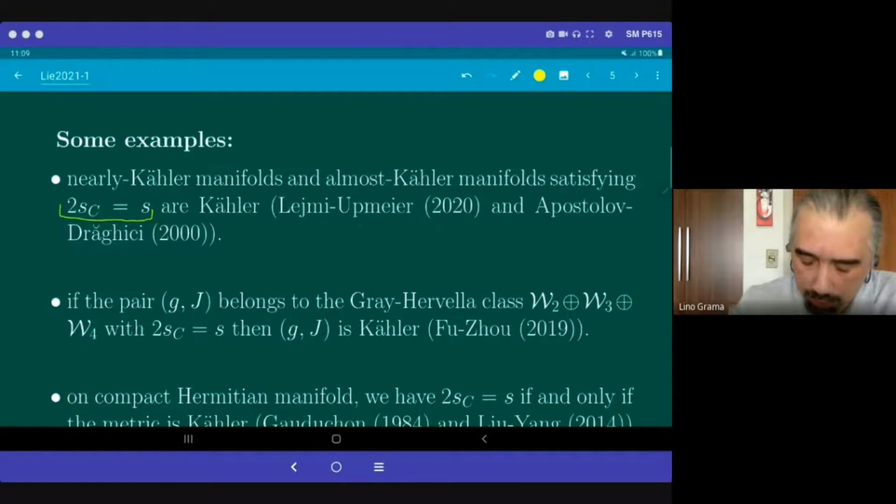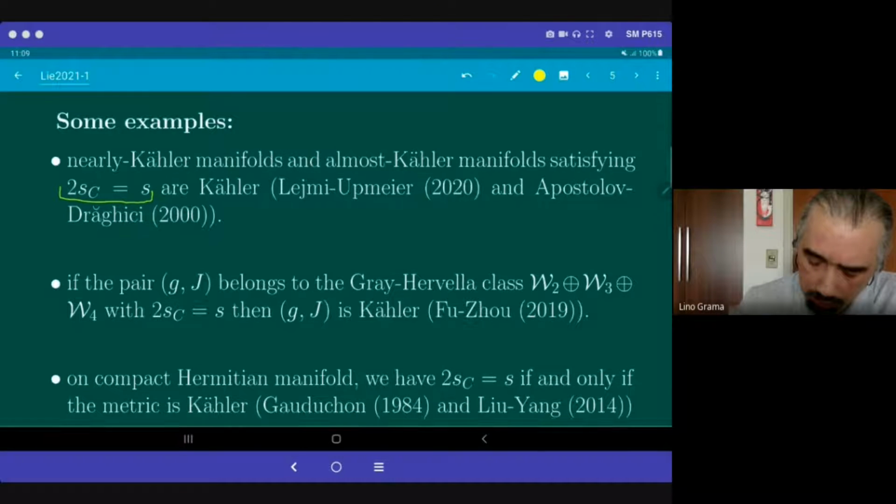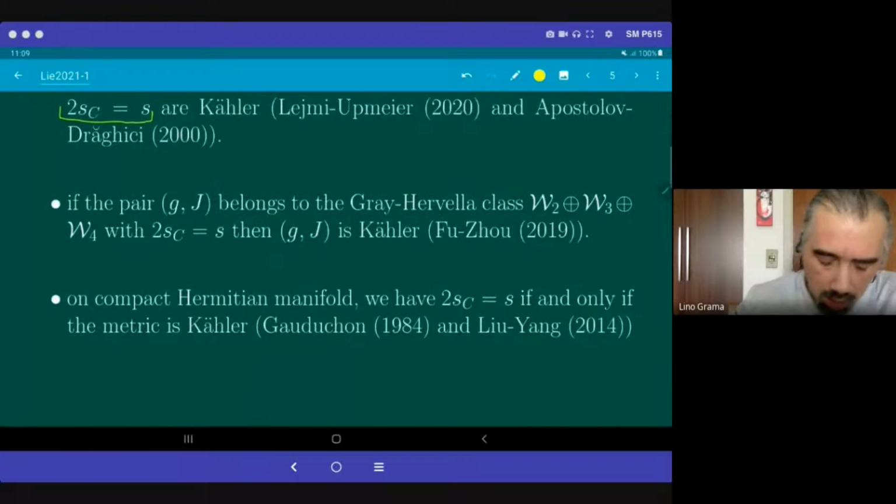This is very recent, by Lejmi, Upmeier, Apostolov, Dragici, in 2020. If the pair belongs to this Gray-Hervella class and satisfies this equation, then again the metric is Kähler.